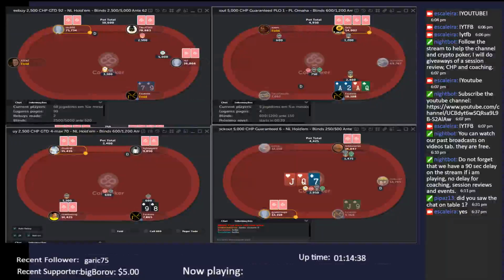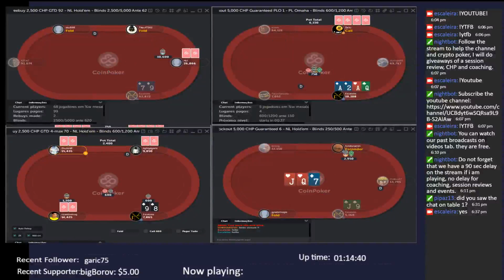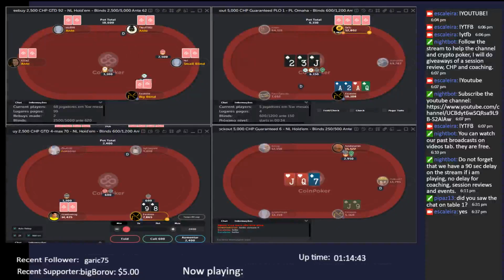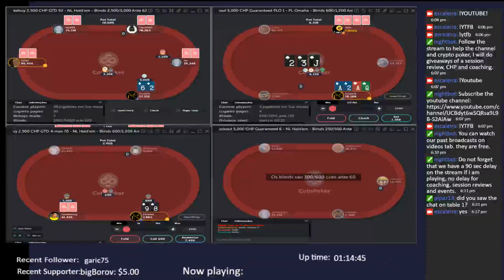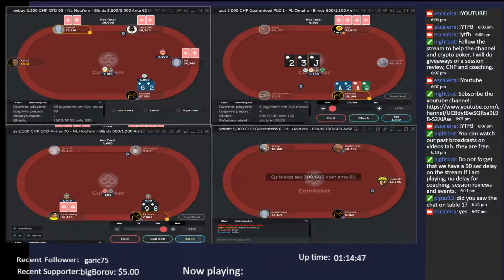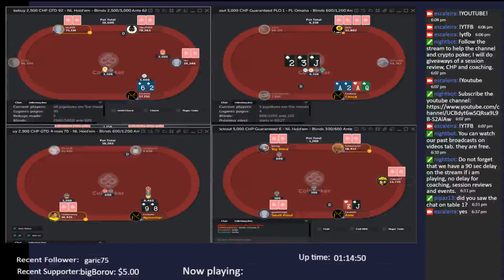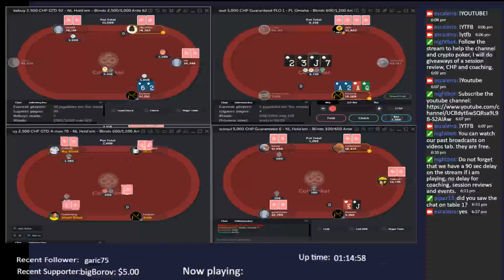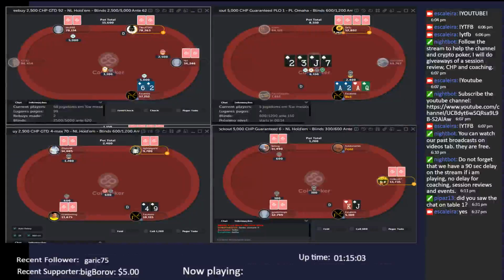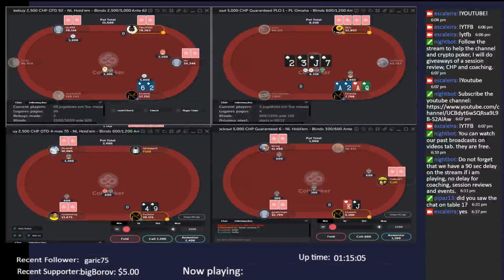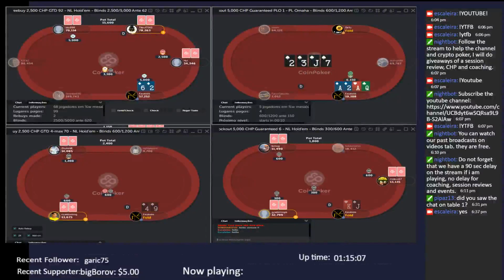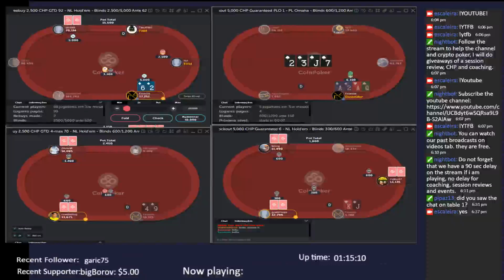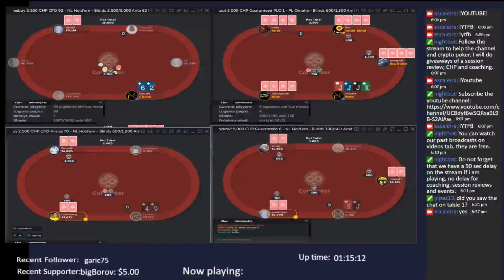I will explain this small raise, because probably this guy will call, and we will play this pot carefully. So we'll check back, we don't mind checking back. We can bet just 240 and see what he's going to do. So he folded, which is nice for us.